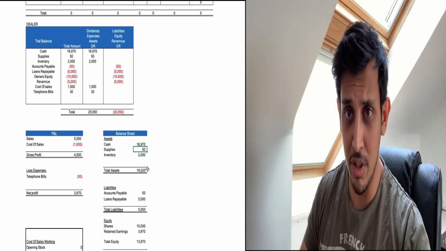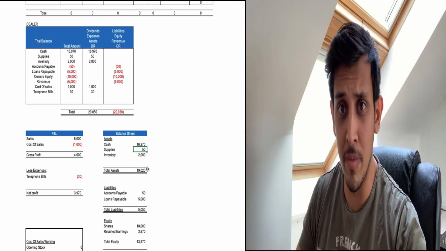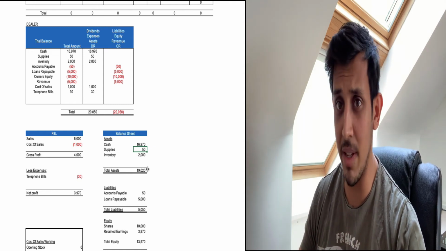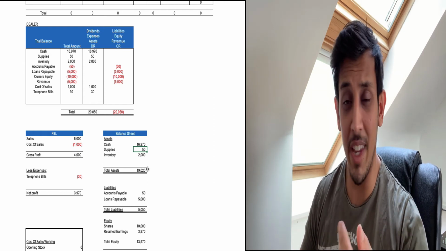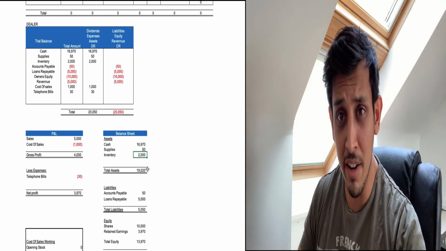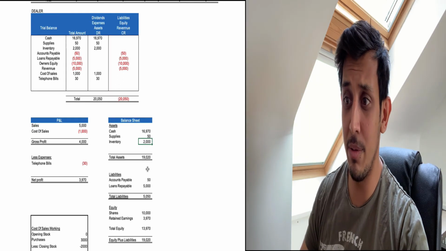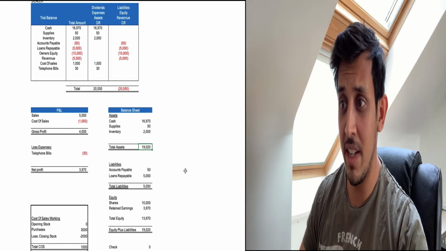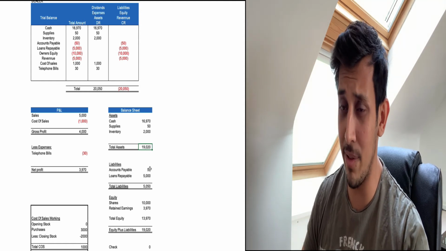Now, supplies: we actually have £50 worth of car valeting supplies still left, so that's kind of inventory or just general stock. And then we've also got our car inventory, which we still have left, and that's worth £2,000. So our total assets is 19,020, but to balance off those assets, we also have some liabilities.